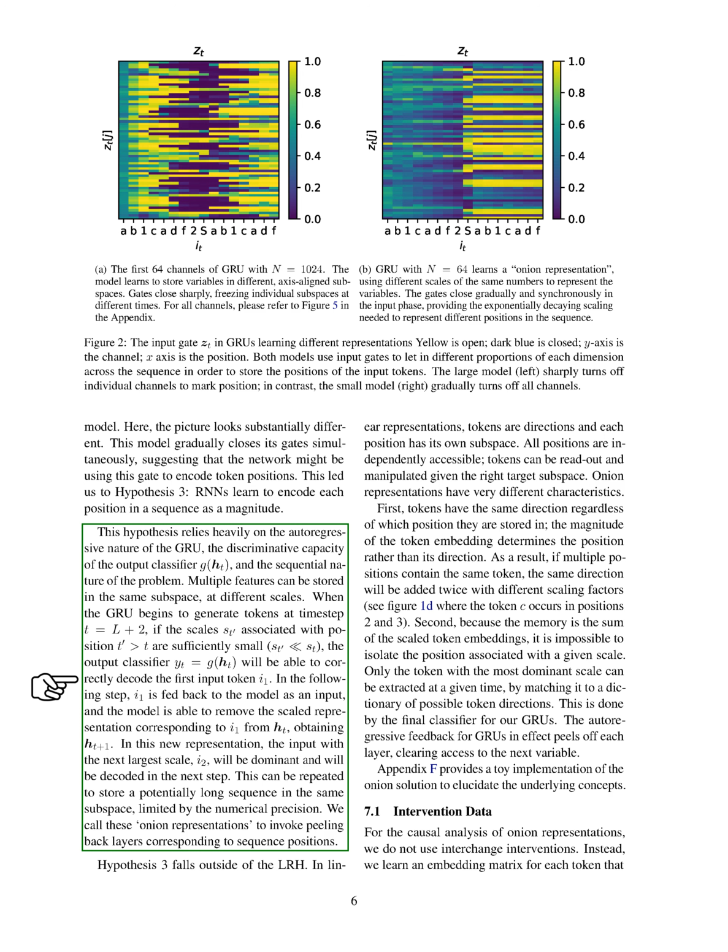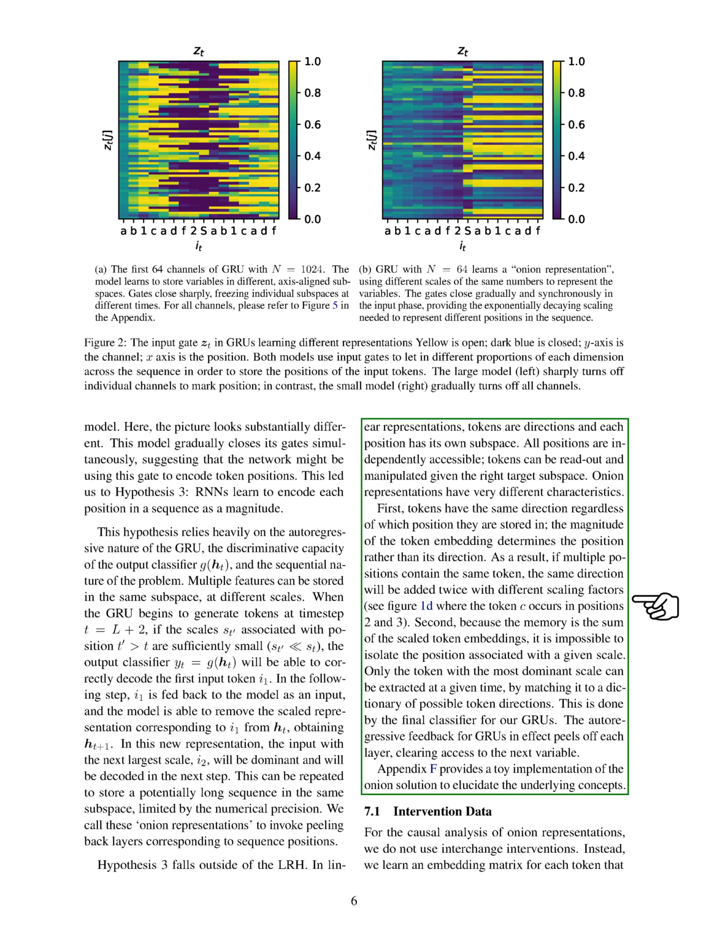This hypothesis diverges from linear representations, where tokens are directions and each position has its own subspace. In onion representations, tokens share the same direction regardless of position, with the magnitude indicating the position. Consequently, if the same token appears in multiple positions, it will be added with different scaling factors.